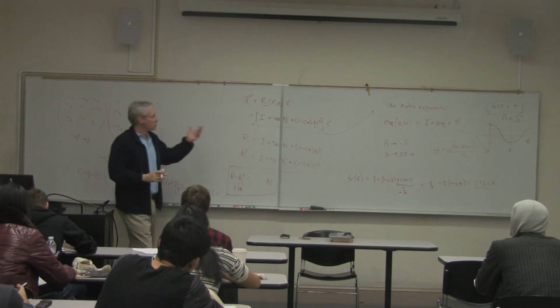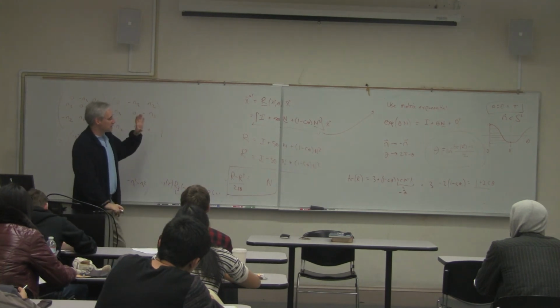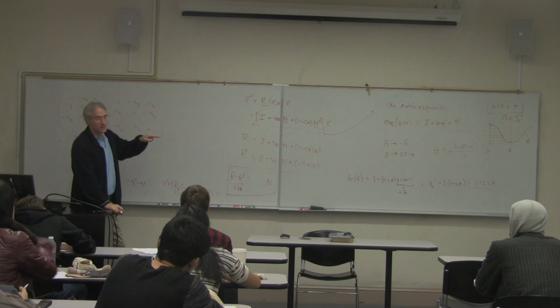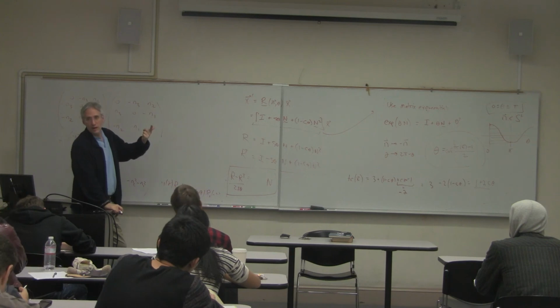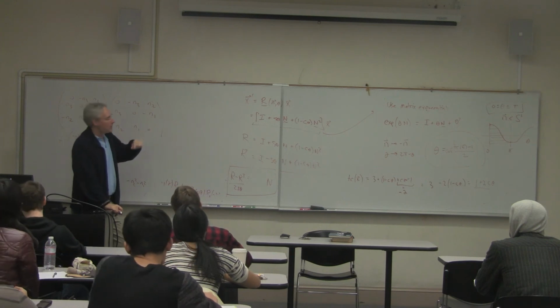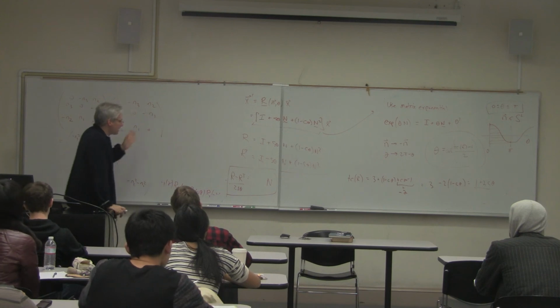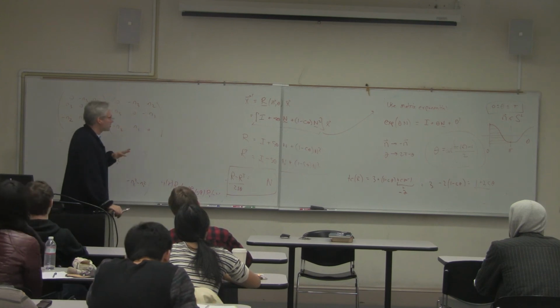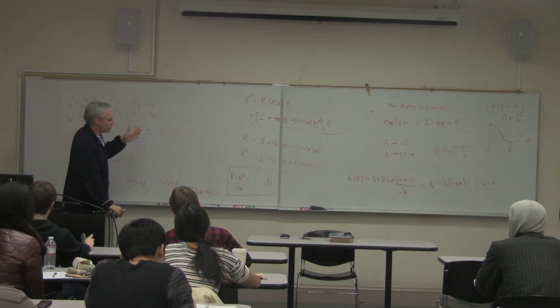So given a rotation matrix, you can easily calculate what the axis and the angle of that rotation matrix is. And so that's the axis angle description of rotations.